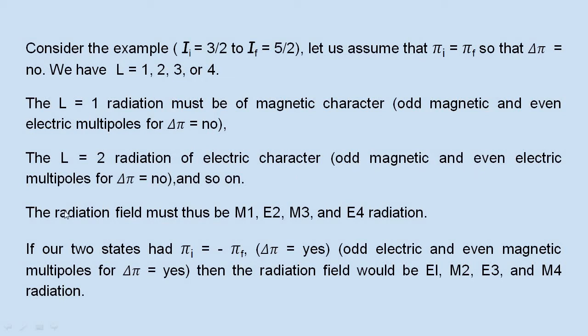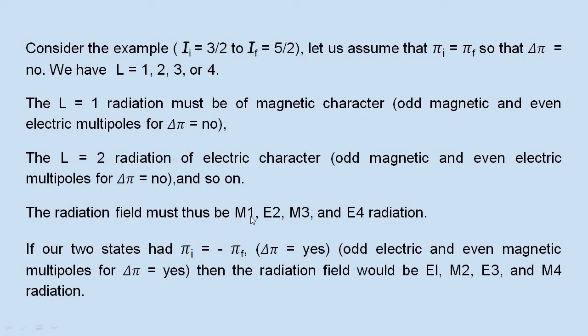Odd magnetic and even electric multipoles for delta pi equal to no, and so on. That means for L equal to 3, you have magnetic character, L equal to 4, electric, etc. So the radiation field must be of the form M1. M for magnetic, and the letter 1 for the order, that means L is equal to 1.